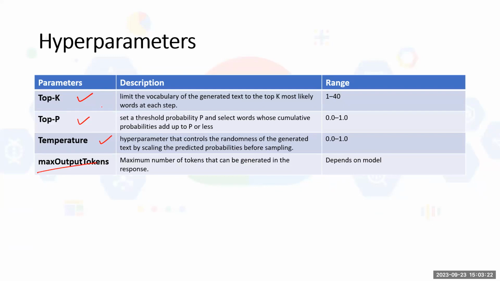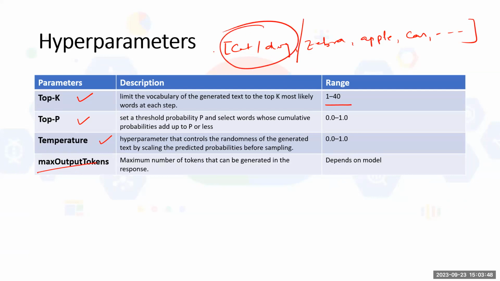For top K, we limit our vocabulary of generated text based on the top K value, which ranges from 1 to 40. If I'm getting the answer as cat, dog, zebra, apple, car, and I set my value of top K equal to 2, then it will just give me two of these answers.